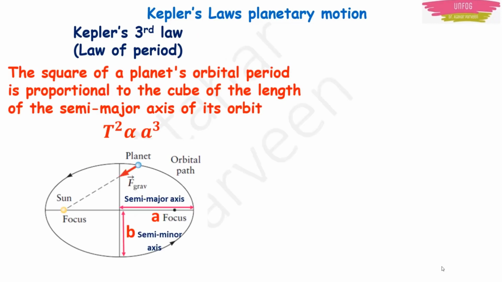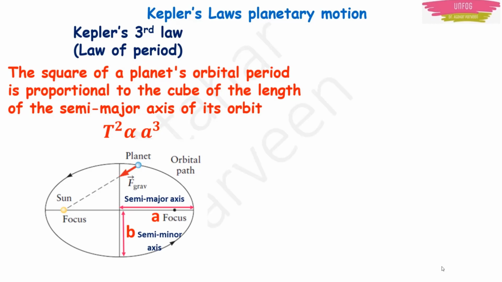In the third law, Kepler told that the square of the planet's orbital period, the time in which it is moving around the sun, is proportional to the cube of the length of the semi-major axis of its orbit. Here I have drawn the semi-major axis for you.